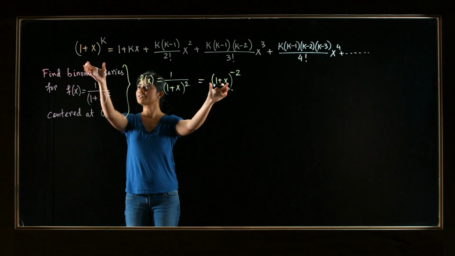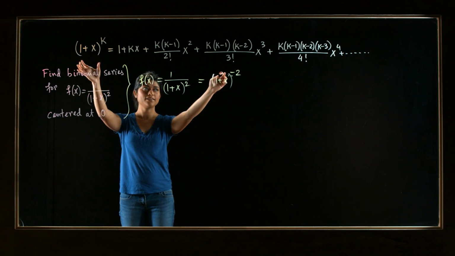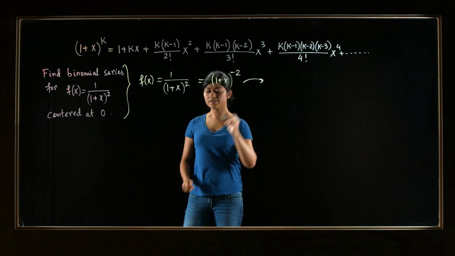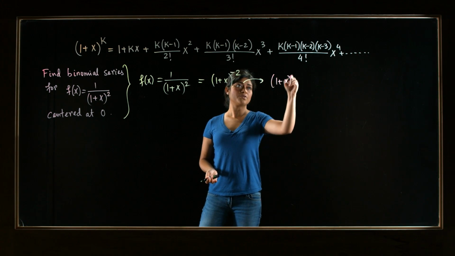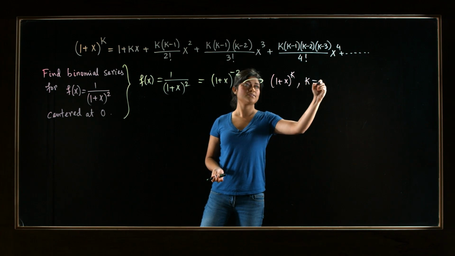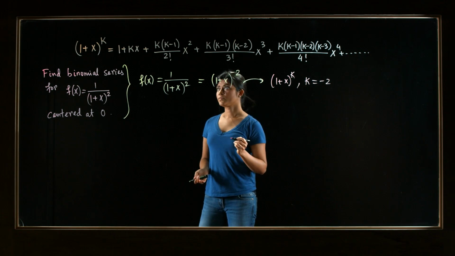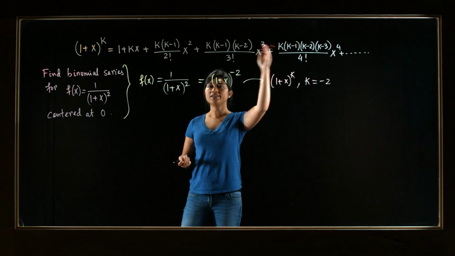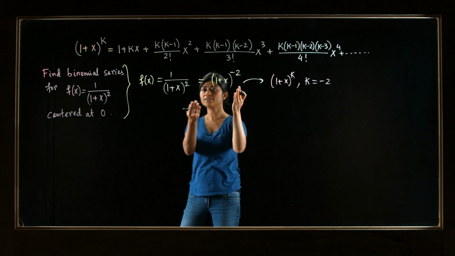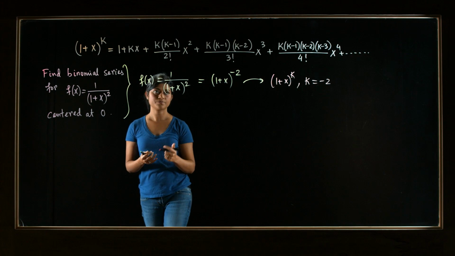And now look, this looks like (1 plus x) to the power k, where k is negative 2. So we take the expression for the series and plug in k equals negative 2, and we will get the binomial series for our function.